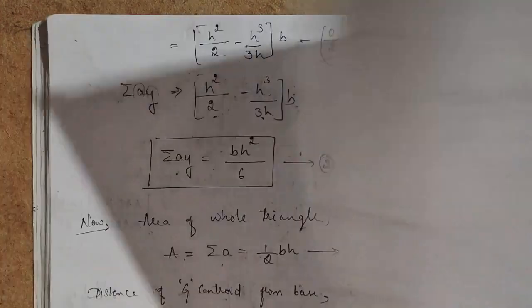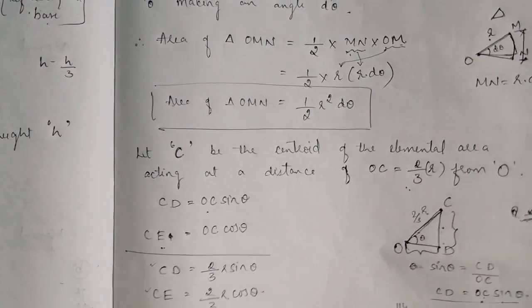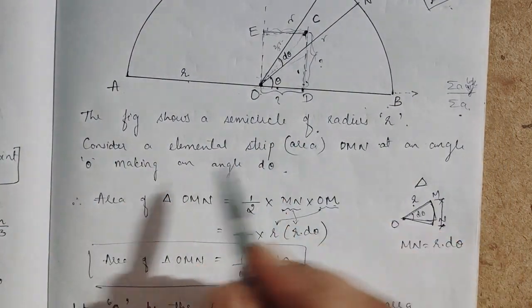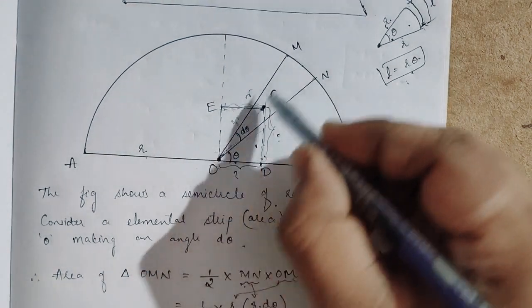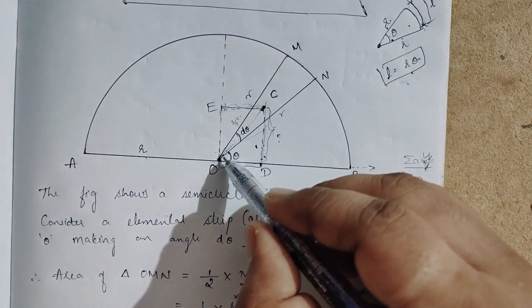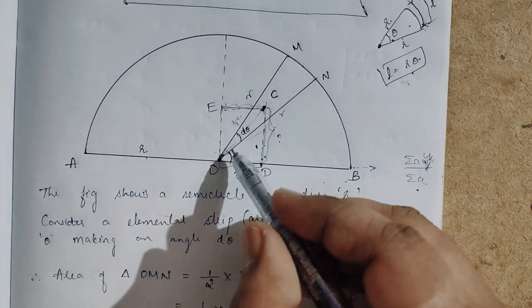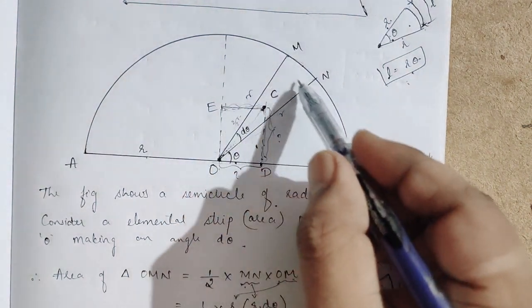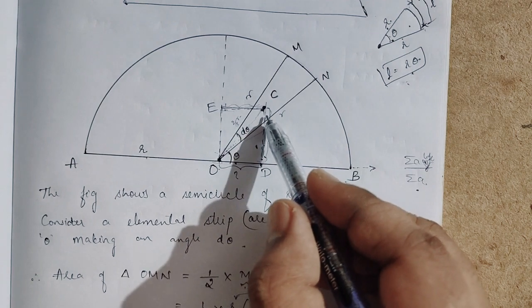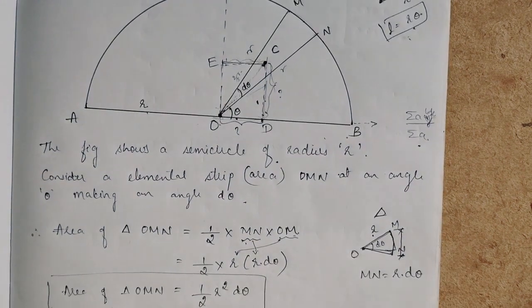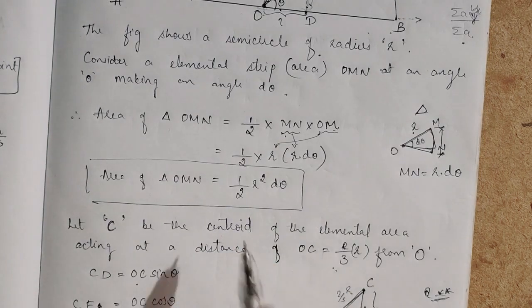What I did, I just calculated. I'll explain again. The figure shows a semicircle of radius R. I considered an elemental strip OMN, and I calculated the area of this triangle. The area of the triangle is half into R square into d theta.